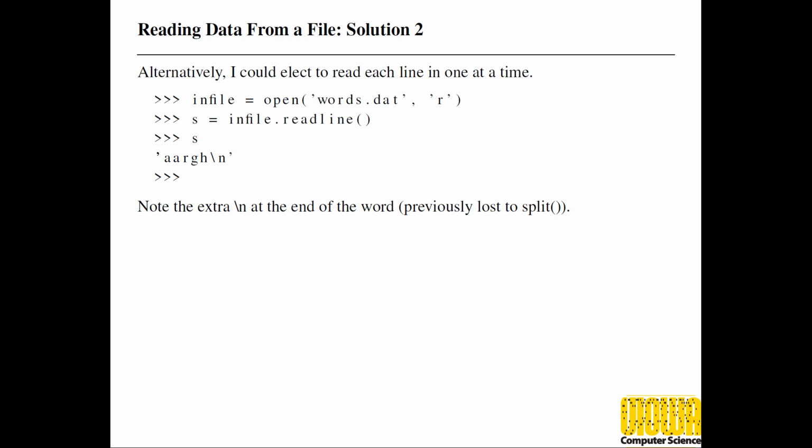Now this carriage return or new line character is a character. We've seen this before. It's the type of character that fits in the class of characters known as white space. So we've used the split method of strings, which takes an optional argument. It says split the string using this character as a splitting character. If you don't give an argument, the default argument for split is any white space character.